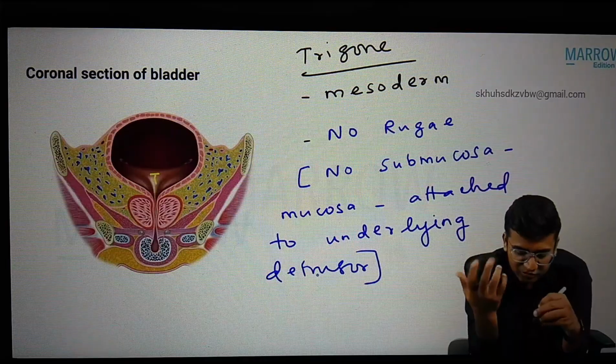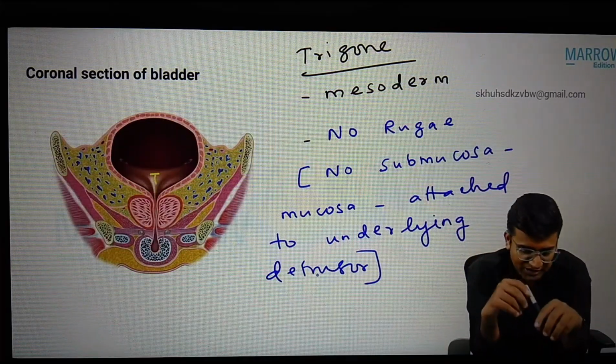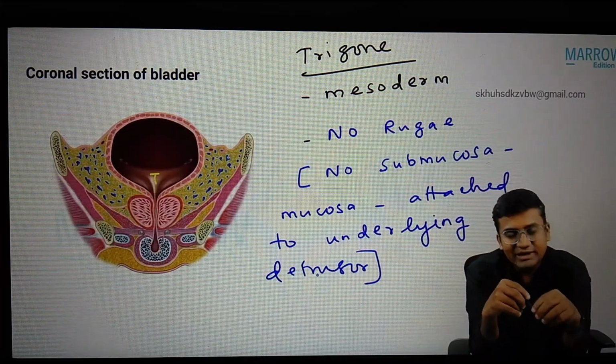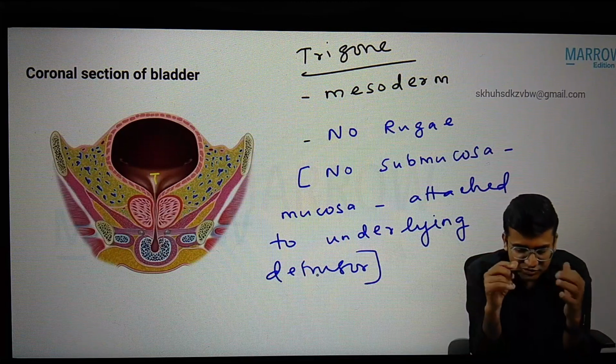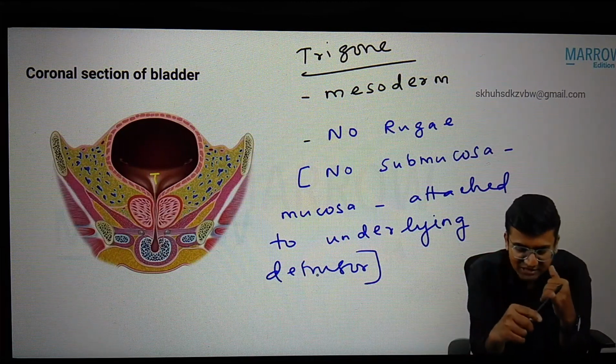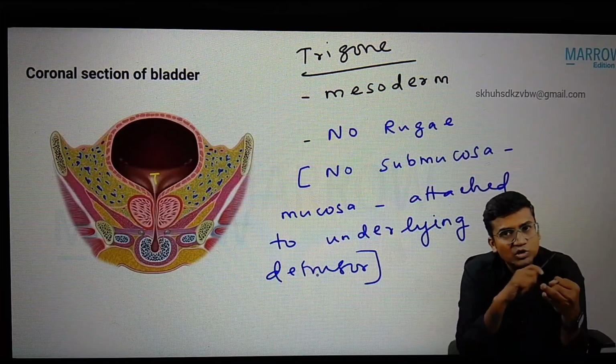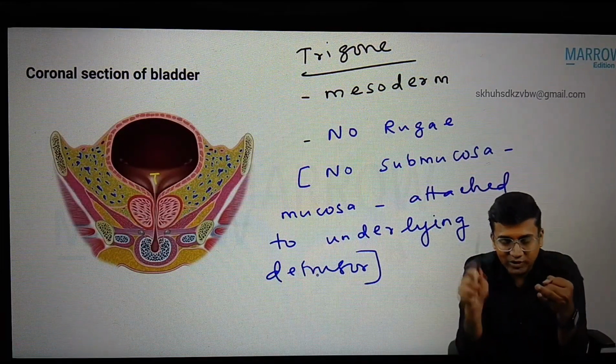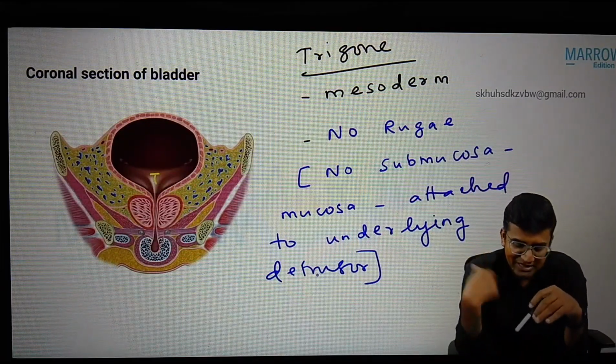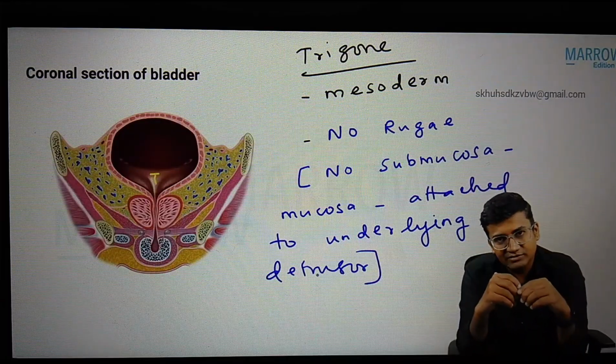So we don't see any rugae, we don't see any mucus fold in the trigone of the bladder. So the trigone of the bladder is a mesodermal structure with no submucosa. Because of no submucosa, you don't see any fold or rugae, because the mucosal layer attaches to the underlying muscular layer.